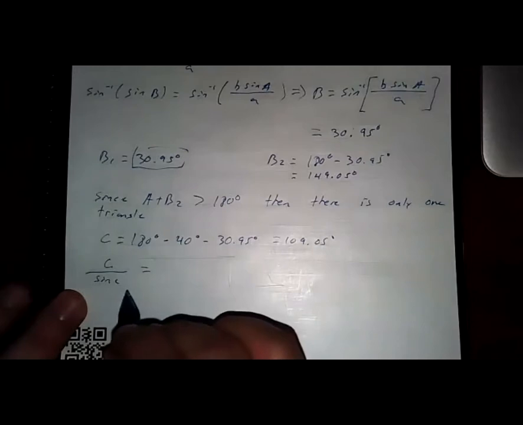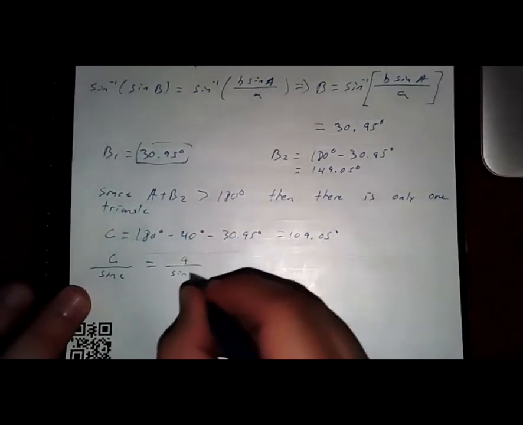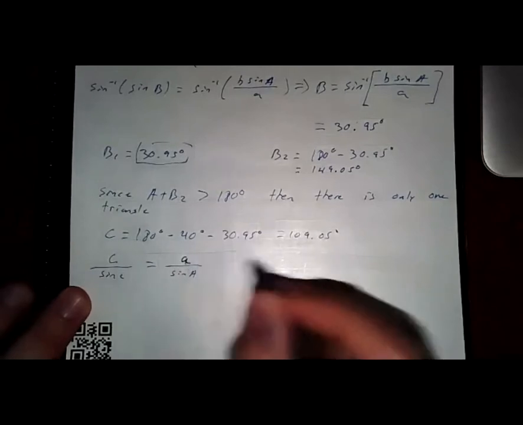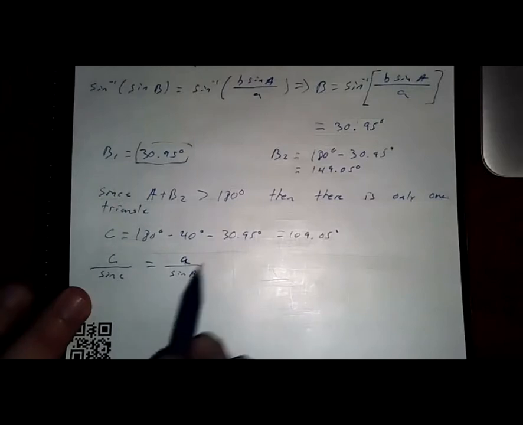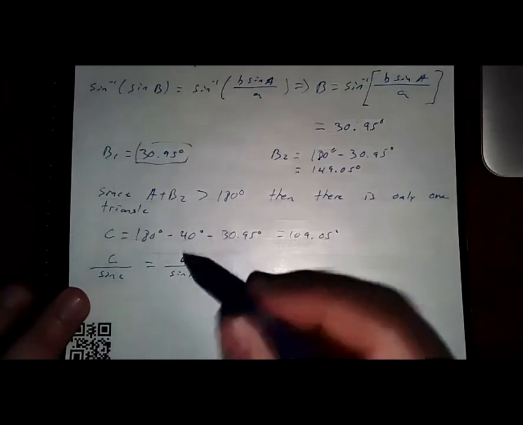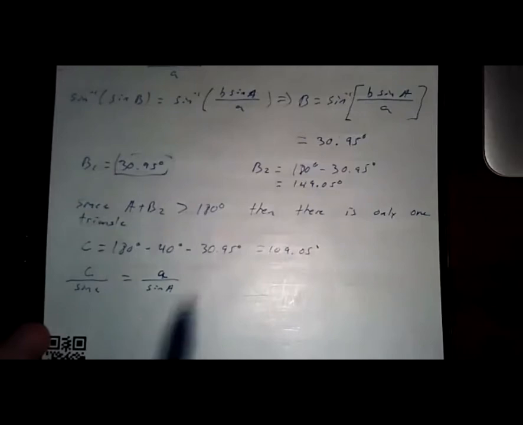Sine C over sine C, A over sine A. You can set this equal to either A over sine A or B over sine B. It doesn't matter. I am choosing this one because it has pretty numbers, 10 and 40, instead of a 30 point whatever. It's the only reason I chose this. You can do either one.